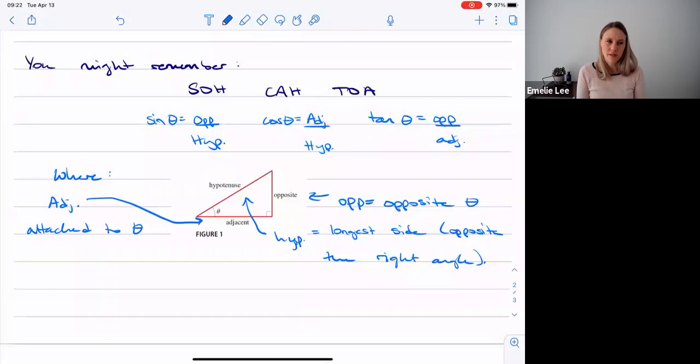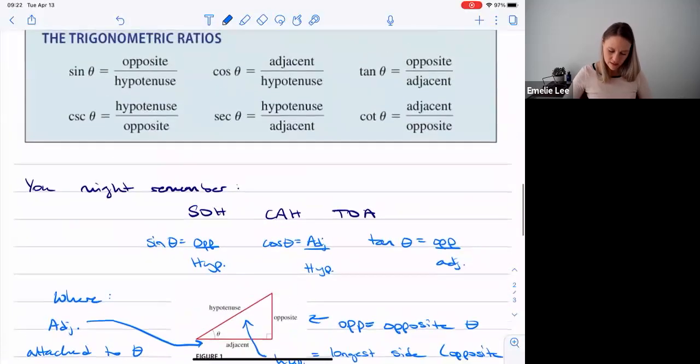So that's important. If we know what sine, cosine, and tangent are, then we can rewrite them and find that the cosecant is the flip of sine, the secant is the flip of cosine, and the cotangent is the flip of tangent.